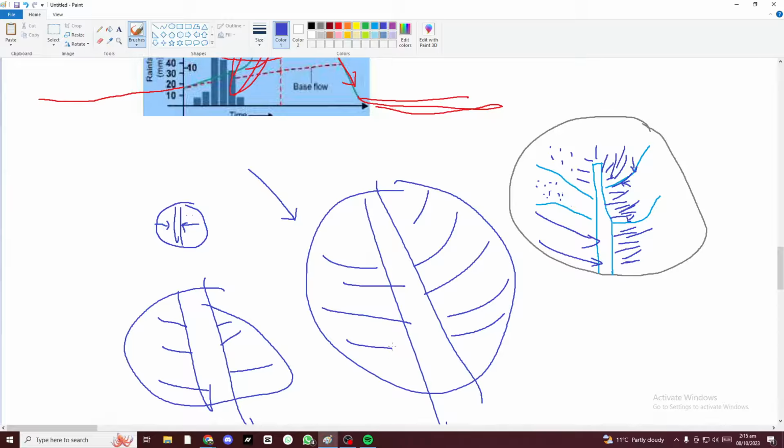So, let's say in a city we have cement. Cement is impermeable. This causes a lot of overland flow. This overland flow goes quickly into the channel and causes the lowest lag times and highest peak discharge.